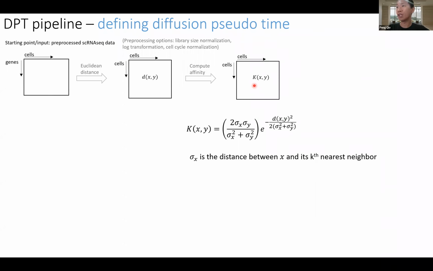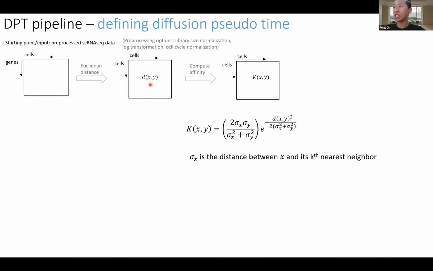And in this affinity matrix, each element is defined as e, exponentiation, with a negative sign, and then the square of the distance. So this is pretty much the same as the mathematical or probability formulation in t-SNE and UMAP. It's trying to heavily discount large distances, while small distances will still receive some non-trivial value.